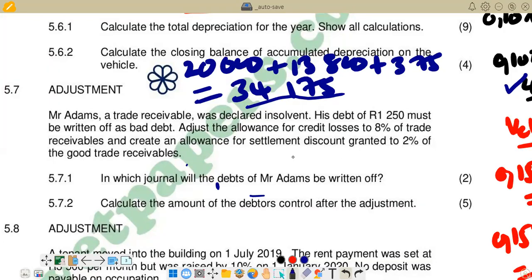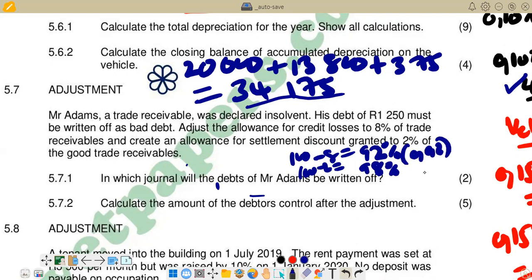So if you say 100 minus 8, you get 92. So you're going to multiply by 92%. And here again, a 2% is being granted, so it's going to be 100 minus 2, and you get 98%. This is 92%, this is 98%. So as a decimal, this one becomes 0.92, and this one becomes 0.98. So those are the factors that you are going to multiply with.